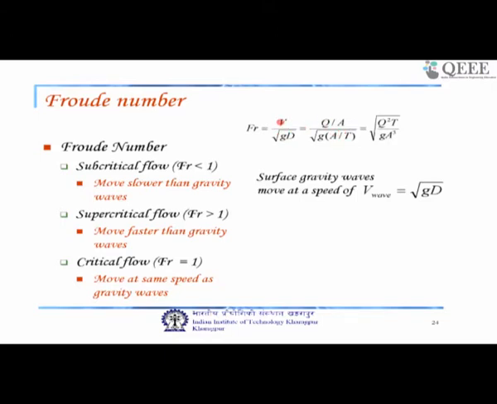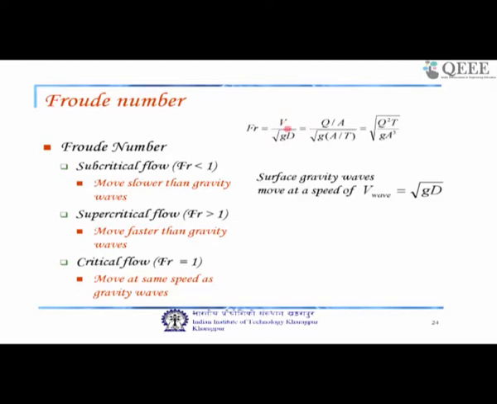So, velocity we can represent in terms of discharge by area. For any steady state incompressible flow situation, we can write this as Q is equal to A into V, where A is the cross sectional area and V is the mean velocity.